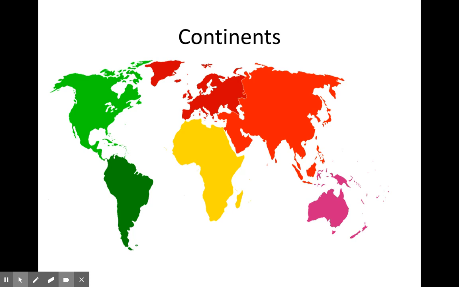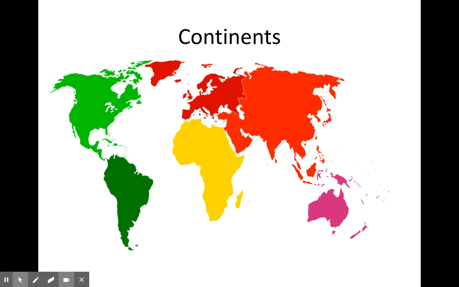Then we talked about continents this week. Who can name the 7 continents? Looking at this picture, you should be able to know where we are. We are in the North American continent. I asked my class yesterday, what countries are in North America? Everybody said United States of America, but there's also Canada, Mexico, and some of the other countries in Central America.